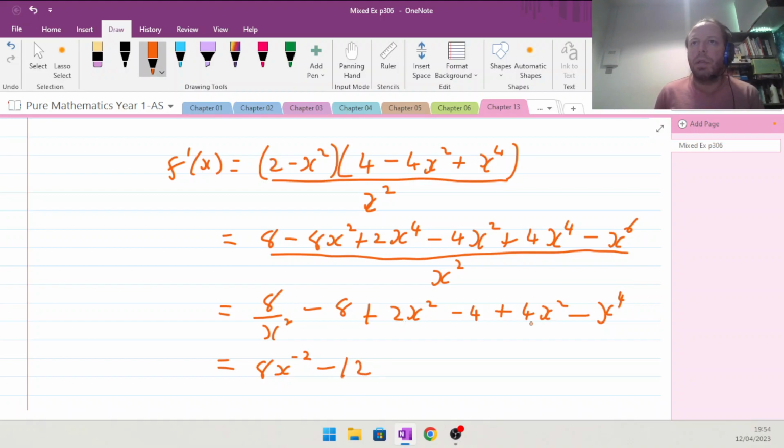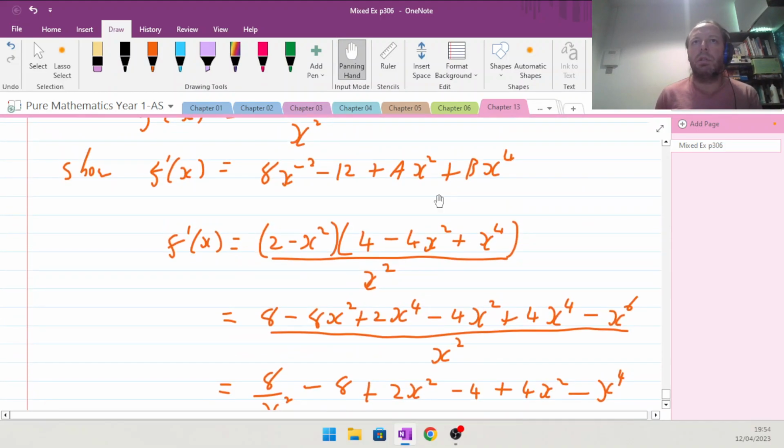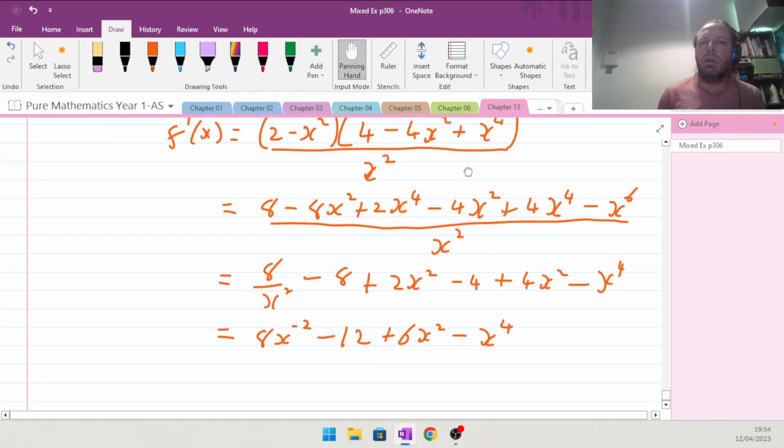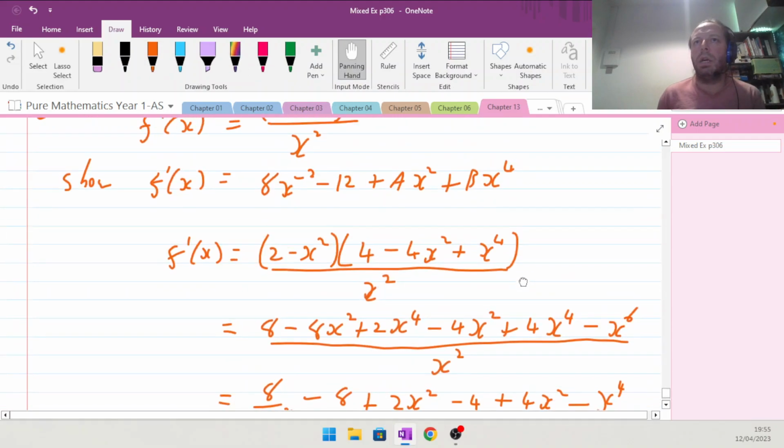The squared's there, plus 6x squared minus x to the 4. Okay, that looks something similar to what they wanted. Let's have a little look. 8x minus 12, good. The squared term for a is 6, so a equals 6, and b equals minus 1.